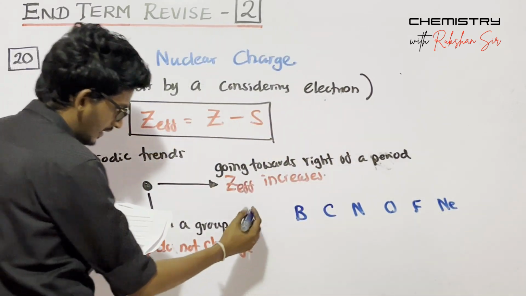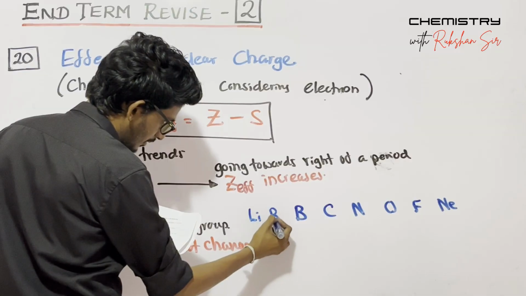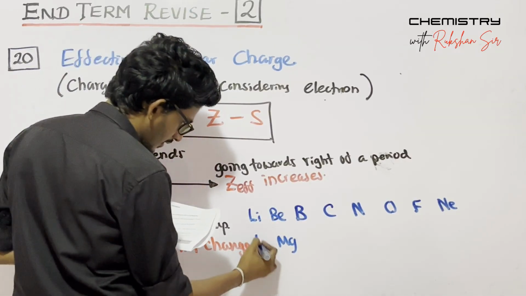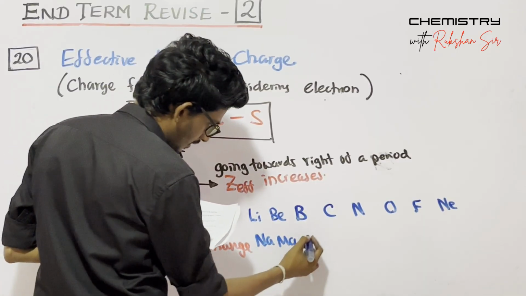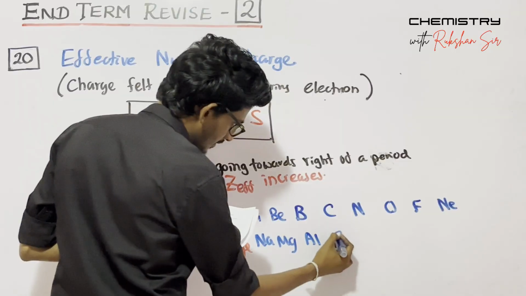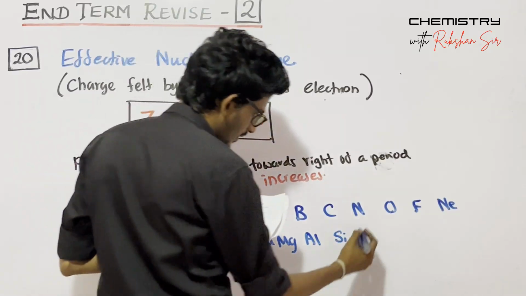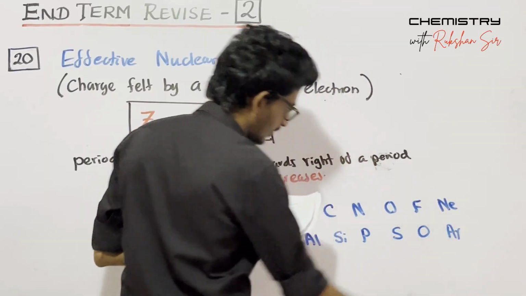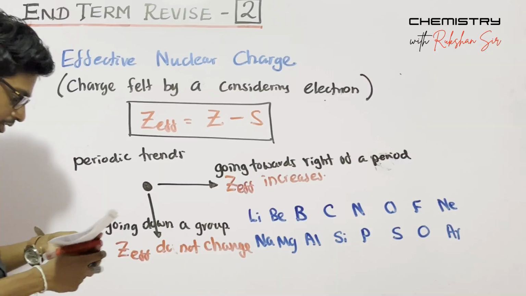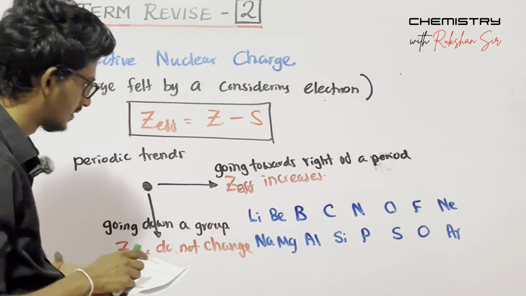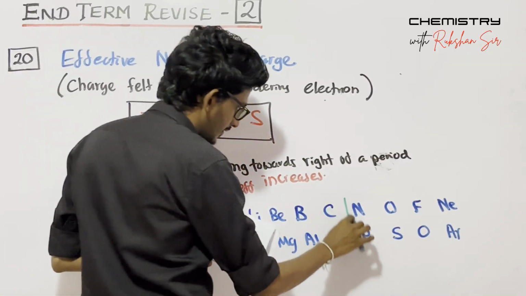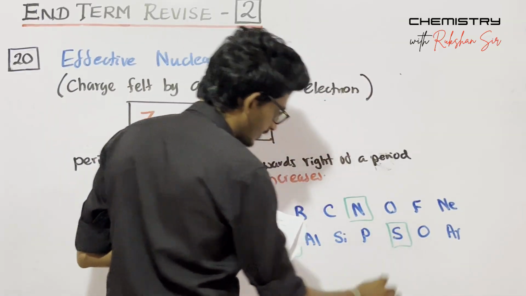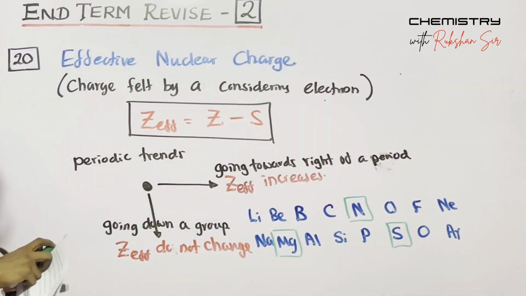Lithium and beryllium are also there. You have magnesium here: sodium, magnesium, aluminium, silicon, phosphorus, sulfur, chlorine, argon. So we have to compare nitrogen, magnesium, and sulfur.